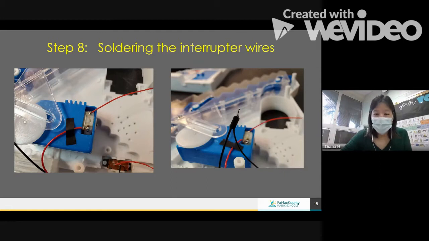Then you're going to solder one of the wires together. In this case, for this toy, the wires that we're soldering together are connected to the motor. So again, that black wire and the black wire of the motor, as well as one of the wires from the interrupter.